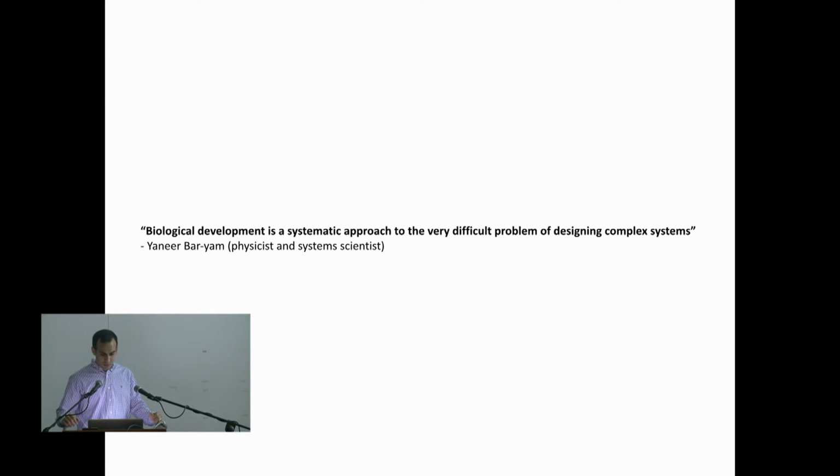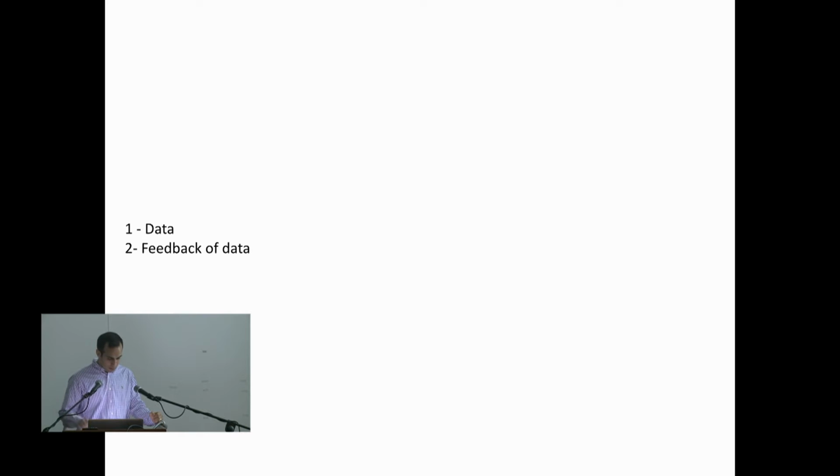Processes from the natural sciences offer great potential in exploring and understanding complex systems. You can see the quote on the screen, where the physicist Yaneer Bar-Yam describes biological development as an approach to dealing with or designing complex systems.